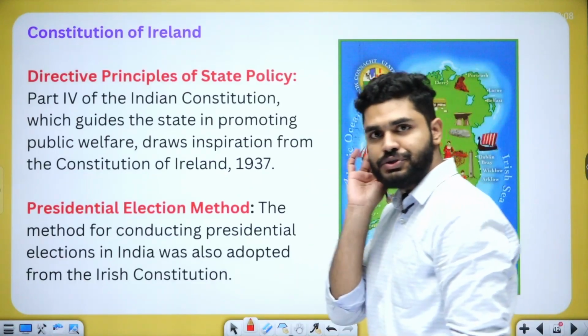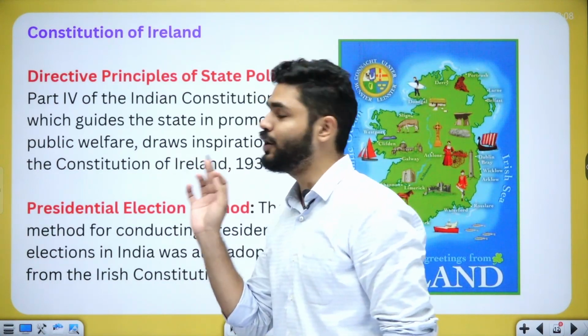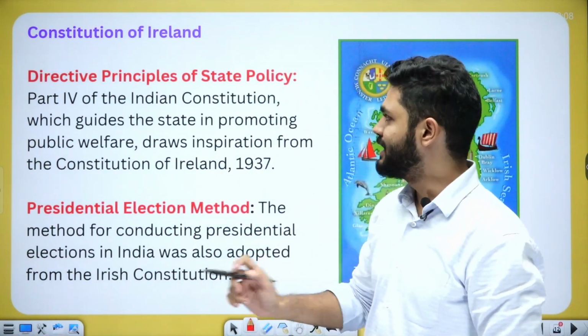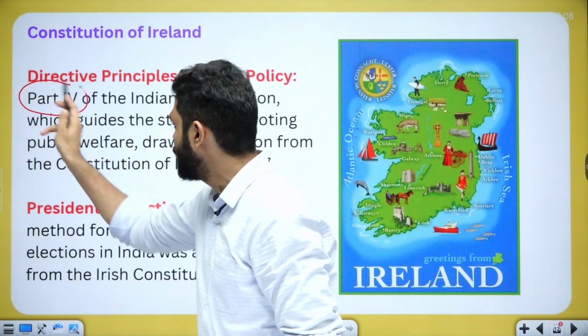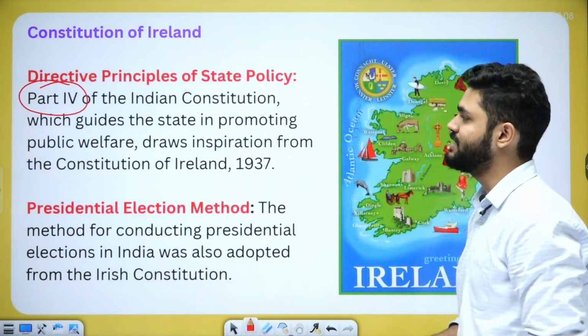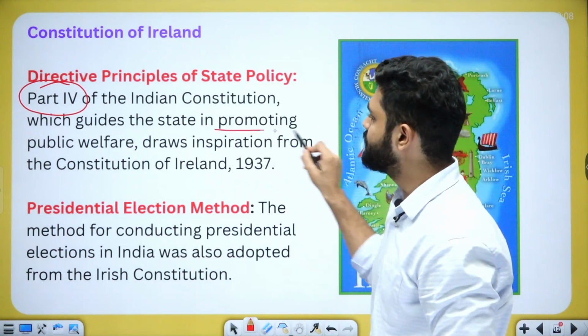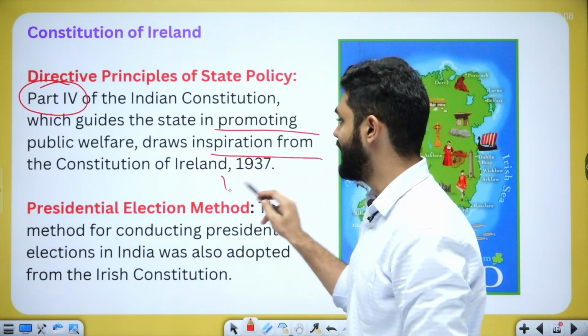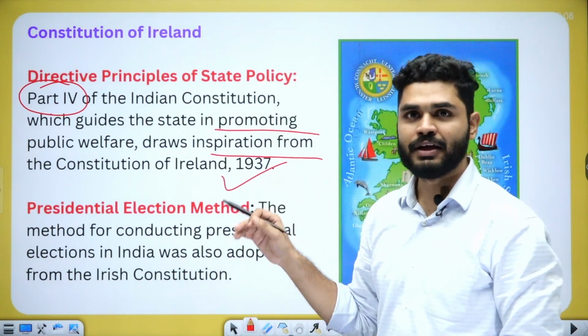Then there is the Constitution of Ireland. The idea of directive principles of state policy has been taken from Ireland. It is there in Part 4 of the Indian Constitution, which guides the state in promoting public welfare, and draws inspiration from the Constitution of Ireland of 1937.